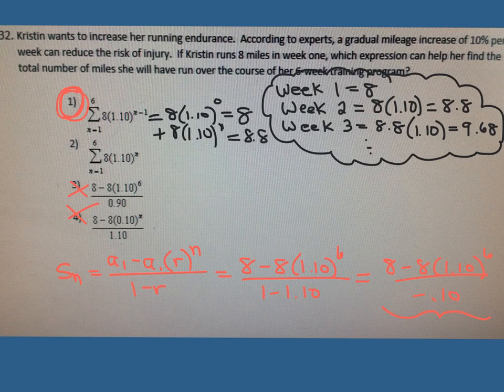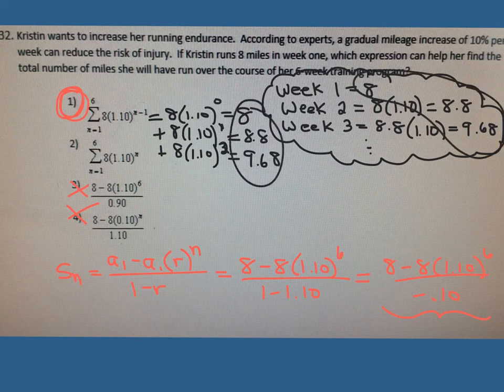If you continue with this trend for the third week, 3 minus 1 is 2. You will see that you get the 9.68, and you'll see that these numbers follow in line with these numbers. So choice 1 is our answer.